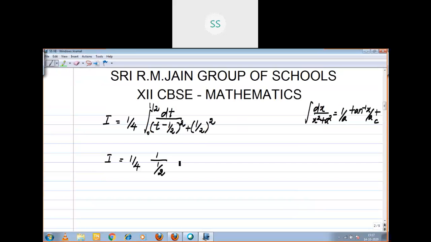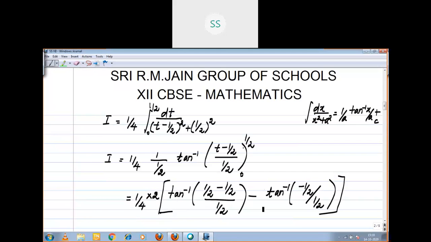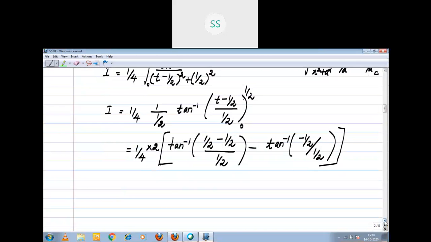Now, I equal to 1/4, then 1/a, that means 1 by 1/2, that is 1/(1/2) into tan inverse (t − 1/2) divided by 1/2, 0 to 1/2. Now, 1/4 into 2 tan inverse, upper limit (1/2 − 1/2) divided by 1/2, minus lower limit tan inverse (0 − 1/2) divided by 1/2.